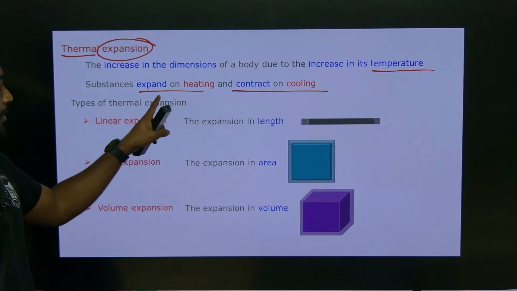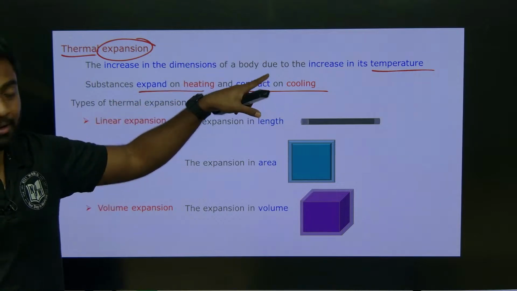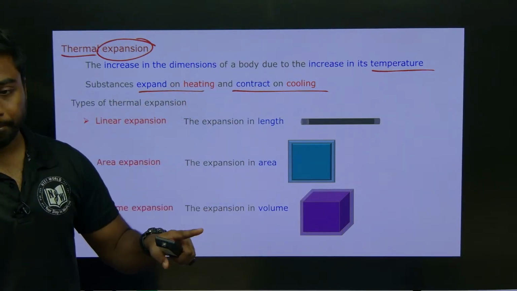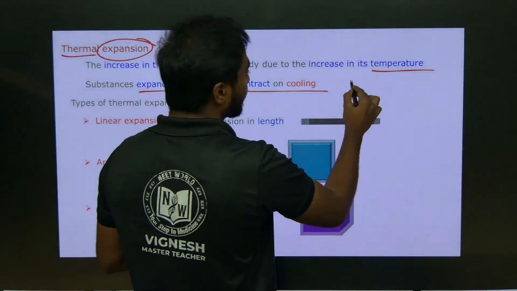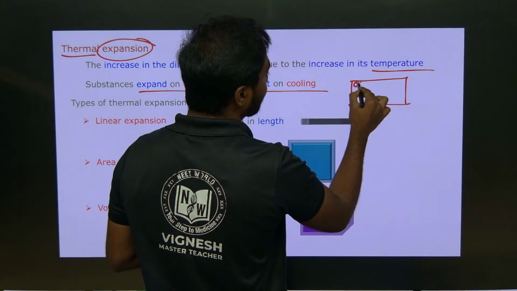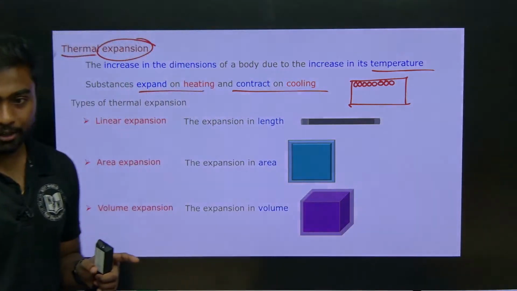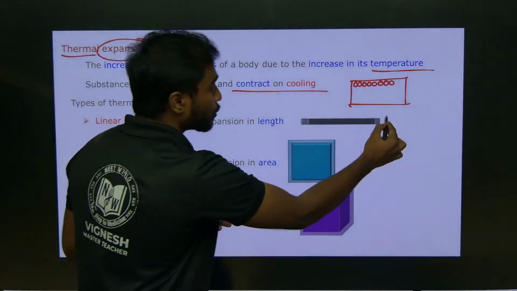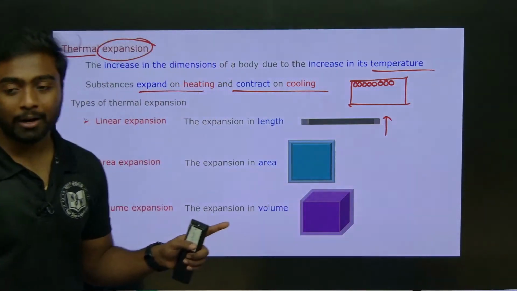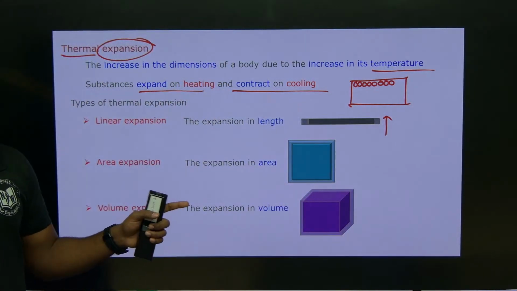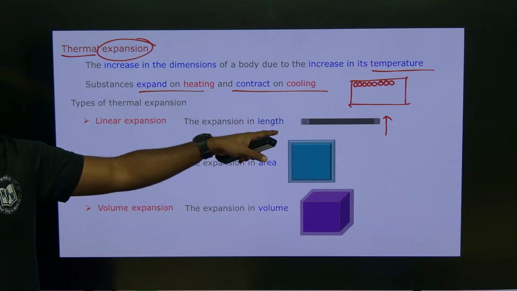When substances expand, it's because of heat. So why is it expanding? When I talk about a solid, the particles are closely packed to each other. When I give heat to this object, what happens? Their energy will rise, yes or no?